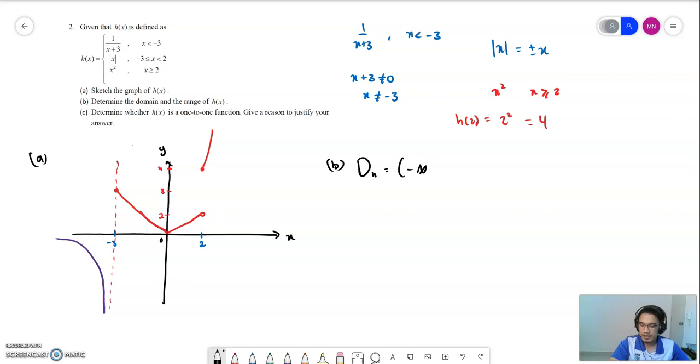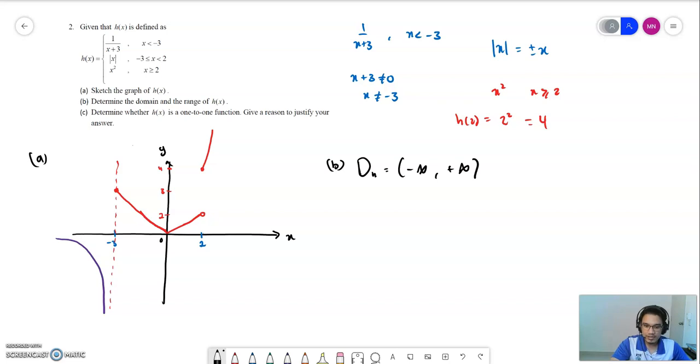But don't worry, the function x square continues from the point of 2 and goes until positive infinity to the right. So our domain will be from negative infinity until positive infinity.